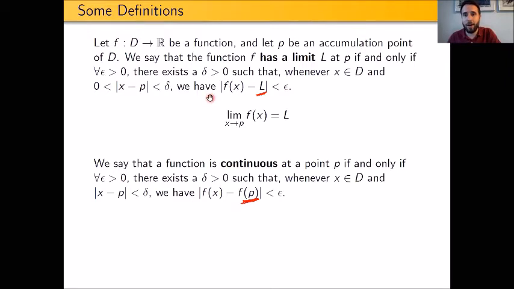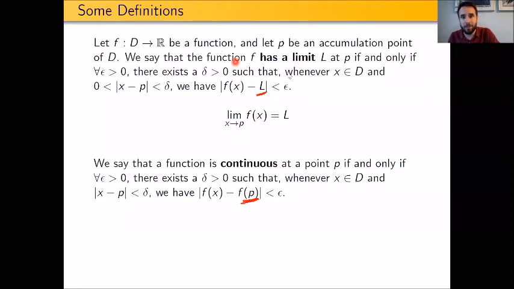And so we're talking about our y values or our function values getting very close to our limit L. Down here in our definition of continuity, we're talking about our f of x values, our y values, getting very, very close to f of p, the output that's associated with the point p. So no longer just a limit, but specifically the output of the function at the point p. That's big difference number one.